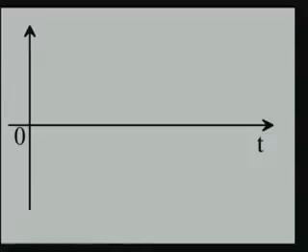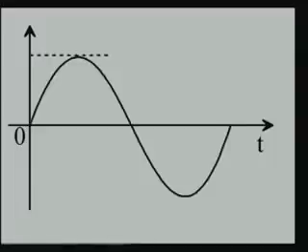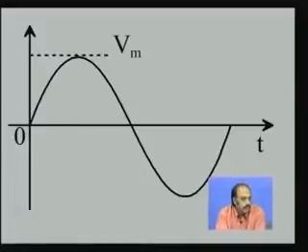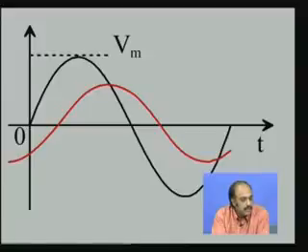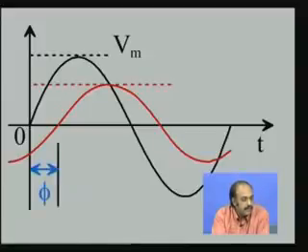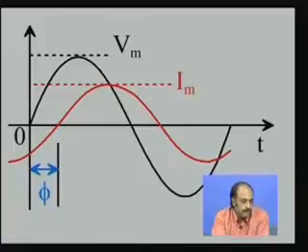So, let us consider some examples. Consider the same RL circuit and let us try to find the power factor of the RL circuit if we are giving a sinusoidal input. So, let us give a sinusoidal input voltage of Vm amplitude, and this will result in a current of amplitude Im and a phase shift phi.